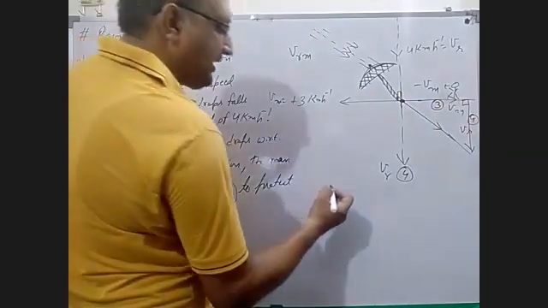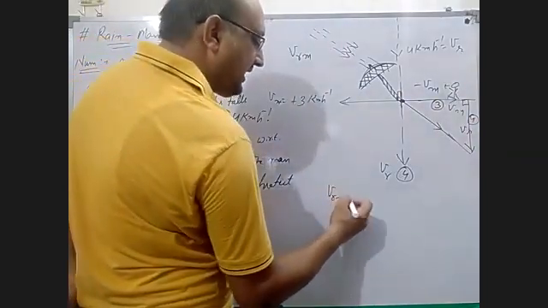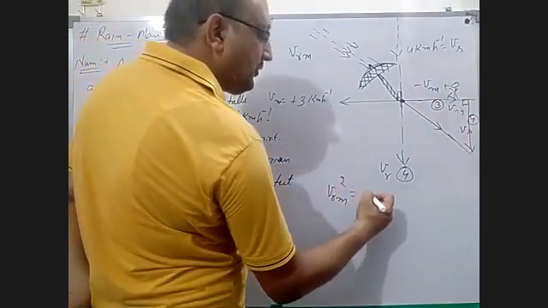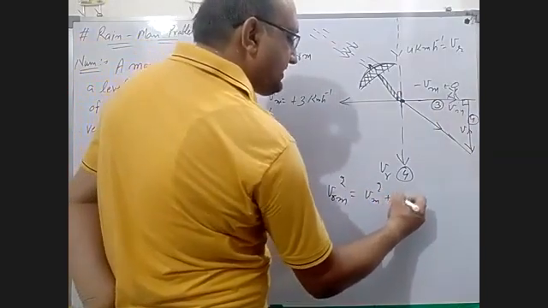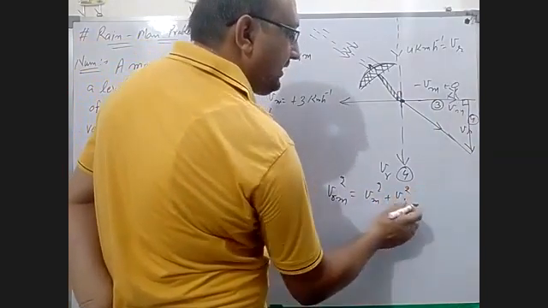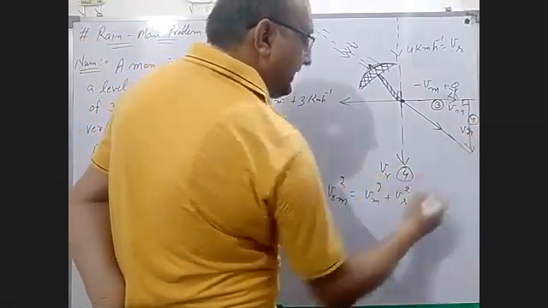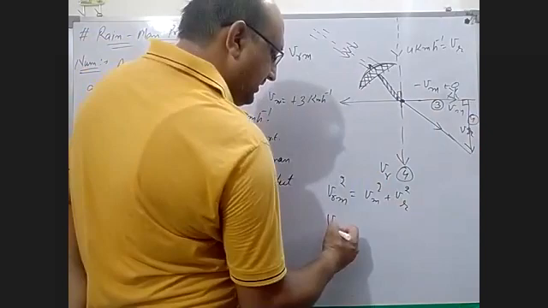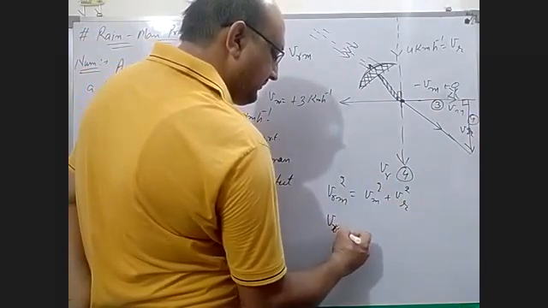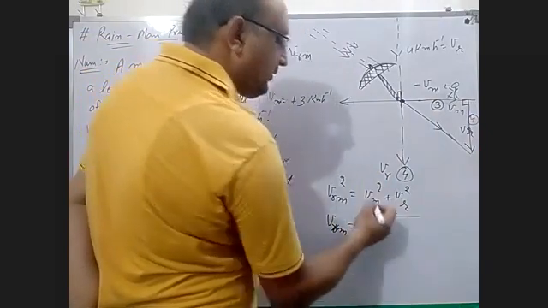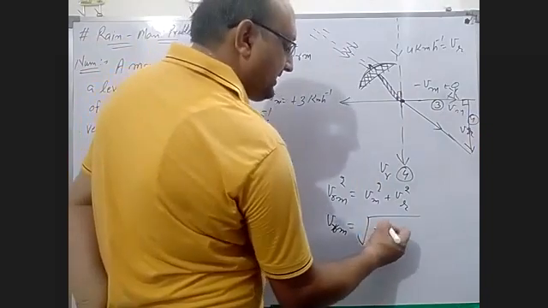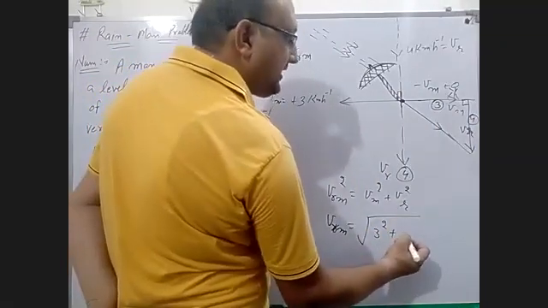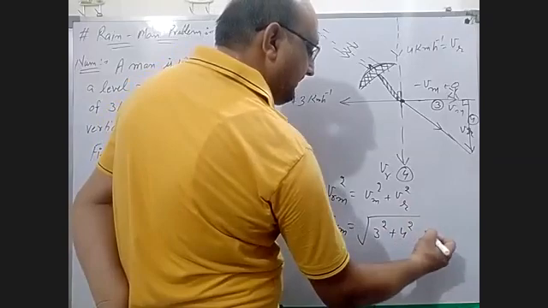Now using Pythagoras, VRM square is equal to Vm square plus Vr square, the rain velocity. So Vrm is equal to under the root, Vm is 3 square plus Vr is 4 square.